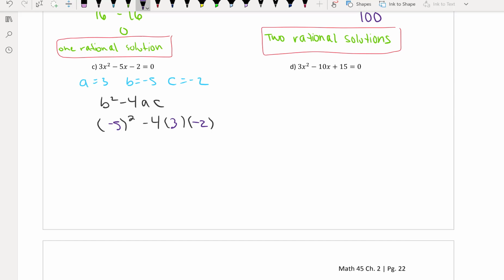Well, negative 5 times negative 5 is 25, and 4 times 3 is 12, times negative 2. So actually, let's just put this all together on my calculator. 25 minus 4 times 3 times negative 2 would actually give me a positive 49. That is a perfect square. So it's just like part B. So I'm going to say I have two rational solutions.